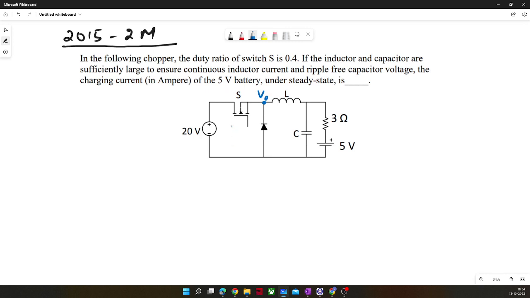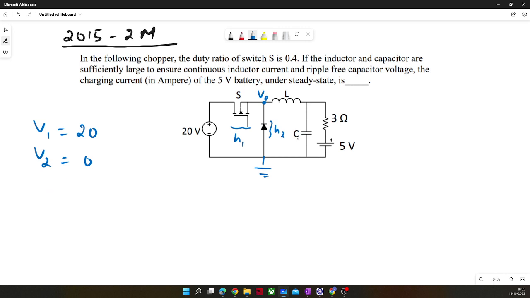And H1 is nothing but the switching function of this switch S, and H2 is nothing but the switching function of this diode, right? And here V1 is 20 volt and V2 is connected to ground, so V2 is equal to 0. Whatever output voltage is here, you will get reflected at the output terminals.